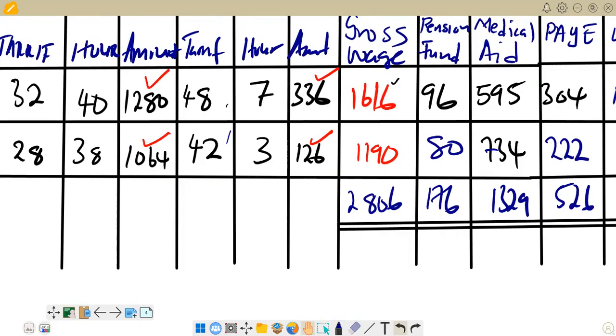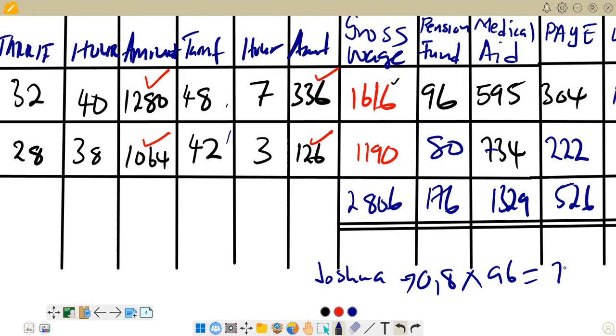So what are we supposed to do now? Here we are saying 80%. 80% as a decimal is 0.8. So let's just indicate here that it is for Joshua. We multiply 0.8 by the pension fund that we have for Joshua, 96. If we multiply that, the answer that we are supposed to get there is 77.